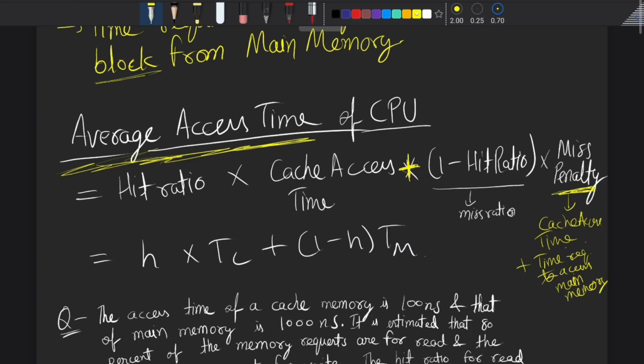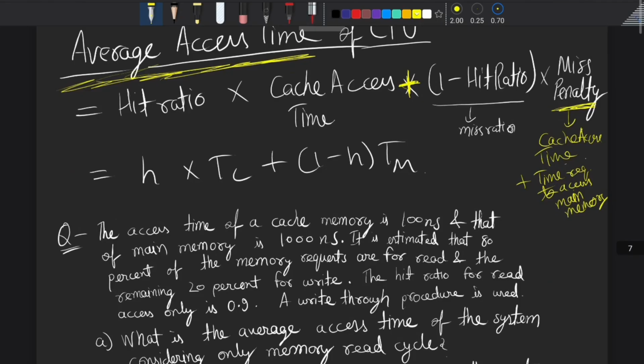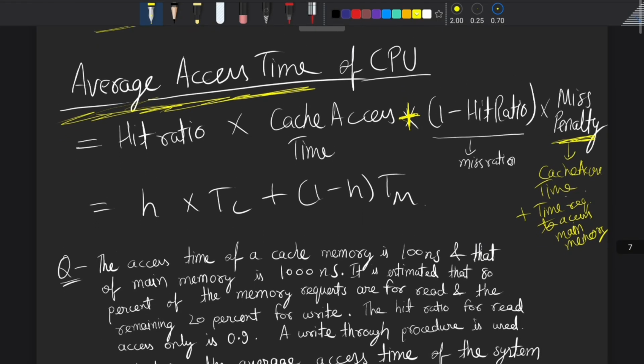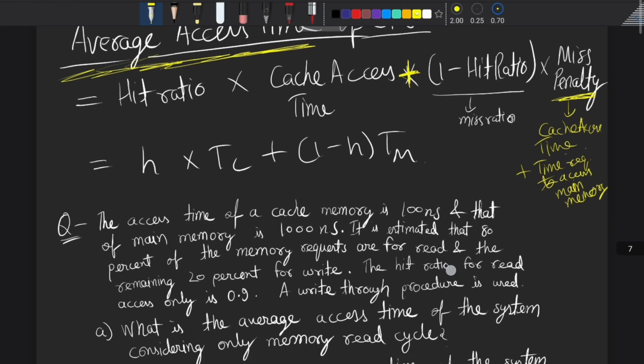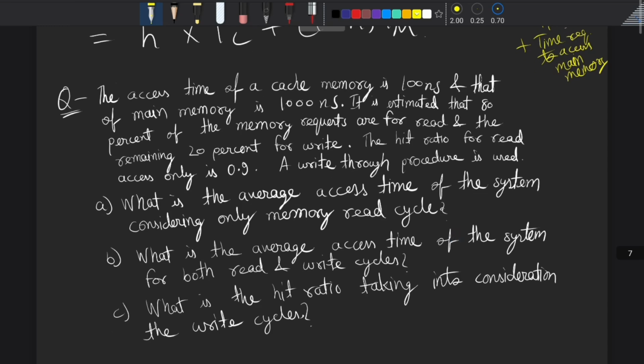Now let's understand this average access time of CPU in a better way by solving the following question. So let's see what the question says. The access time of a cache memory is 100 nanoseconds and that of main memory is 1000 nanoseconds.